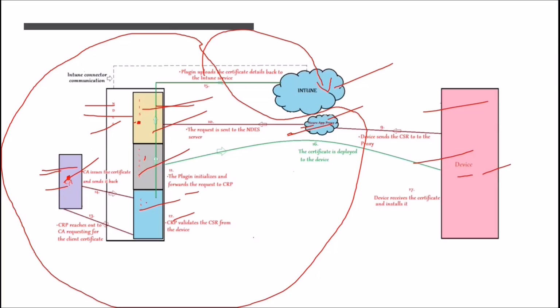So the customer no longer needs to have everything that is there inside of this red bubble that you see over here. The device will still be there, but all these components will no longer be there at the customer's infrastructure, meaning the customer no longer has to have an on-premise CA or the NDES, or he does not have to maintain the database, or he does not have to patch them, or he does not have to update them.